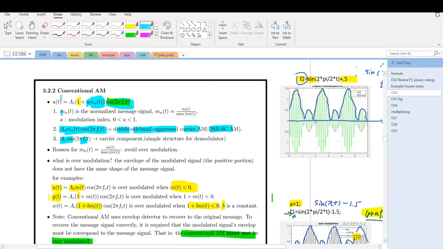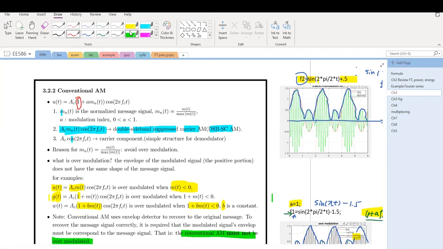Now we can see the conventional AM is no longer suppressed carrier; the carrier is transmitted. The reason why we want to transmit the carrier is because we want the whole signal not overmodulated. We have to have 1 here, this portion 1.